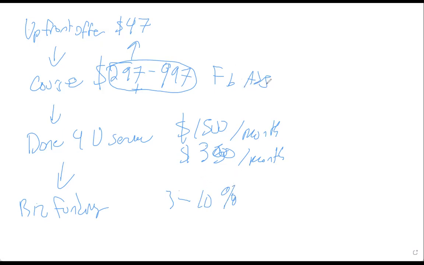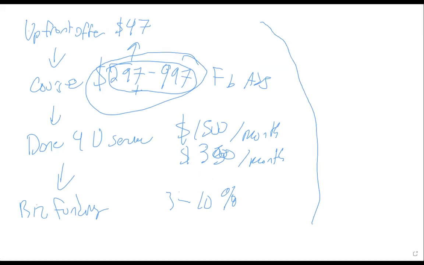So this is the importance of a Facebook group. Let's say you weren't immediately able to get them to buy a $997 product on the first call. Remember I brought up that funnel idea before?